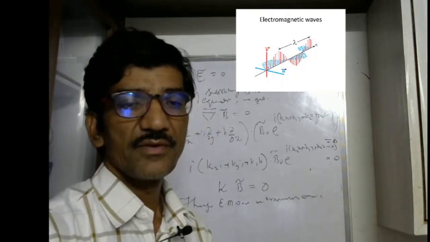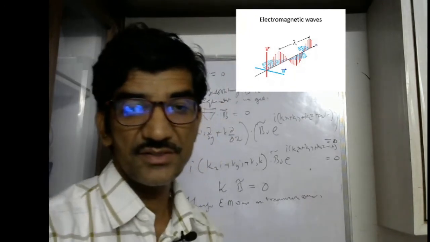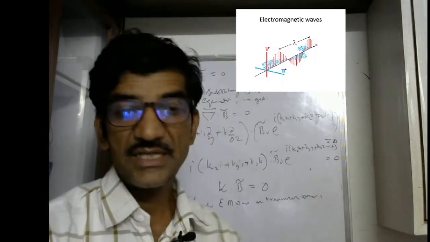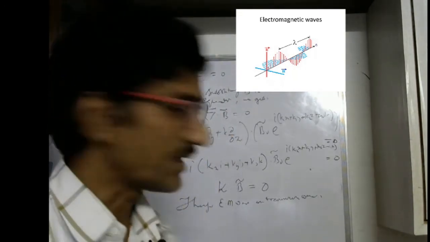Again, if you take the third and fourth equations, then you will come to know that this E and B are also perpendicular. Okay, let us do that.